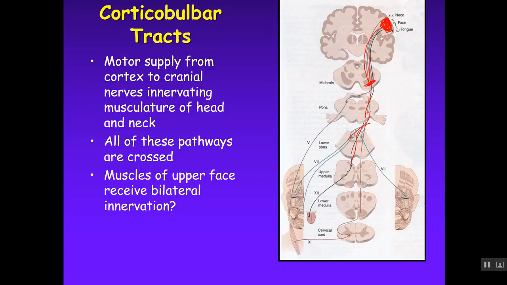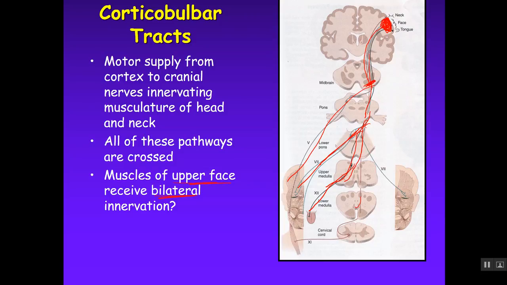They all eventually cross over. They communicate with their cranial nerve nuclei, but they all are contralateral pathways. You do want to know that. The only slight exception is that the muscles of the upper face tend to have some bilateral connections.